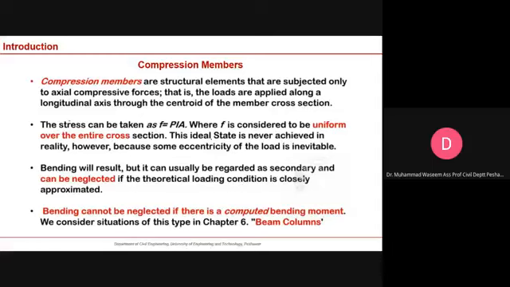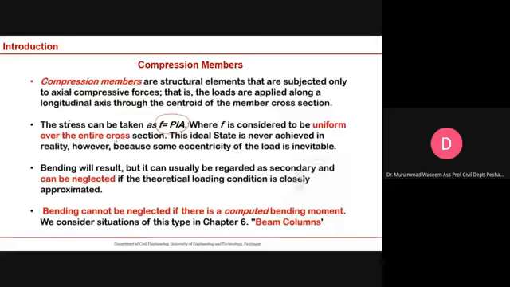It means that the load is applied at the centroid of the cross section. The compressive stresses can be estimated using the simple formulation: the load divided by the area. And these stresses are assumed to be uniformly distributed across the cross section.